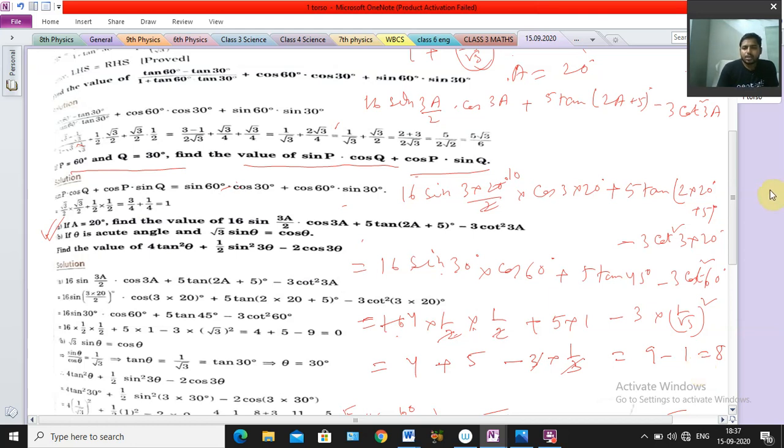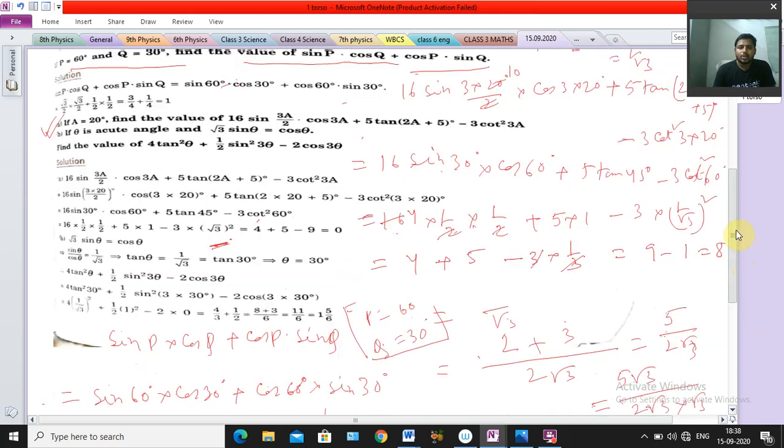Cot 60, yes, because tan 60 degree is root 3, so cot 60 degree will be 1 by root 3. Yes, it's okay, no problem that one. But here it is written in the question root 3 whole square. Why, sir? Because cot 60 is not root 3, tan 60 degree is root 3. This is a printing mistake. Okay, I hope this is clear.